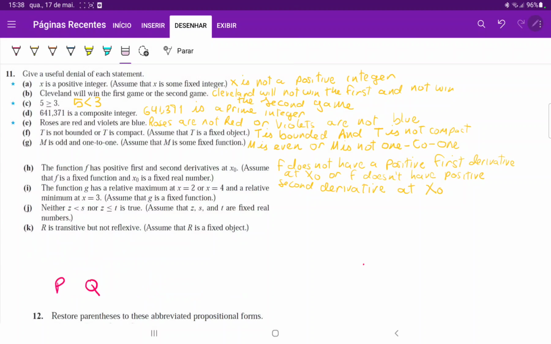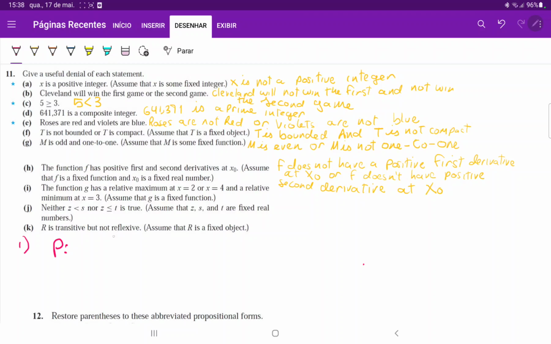It could be that the first derivative doesn't exist at all. So the denial should say "does not have," instead of saying that it has a negative one. So we're now doing item I. For I, we do have two propositions here, right?